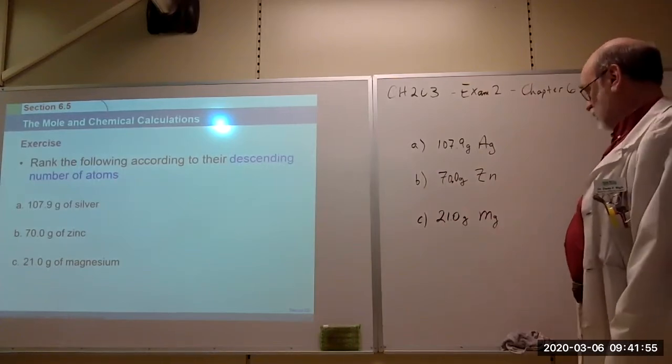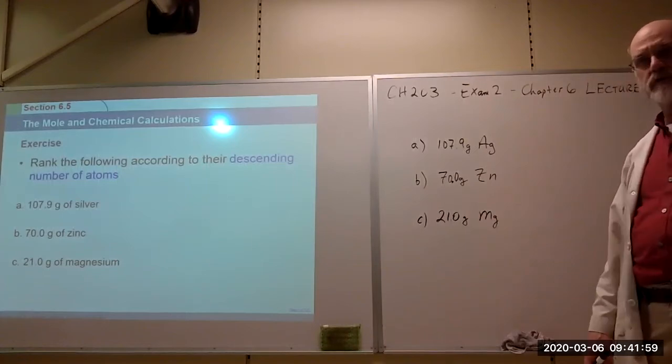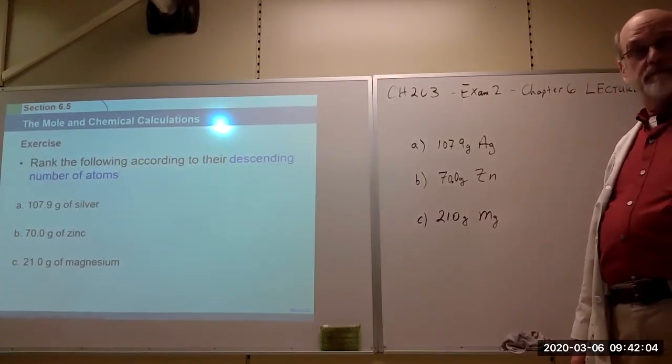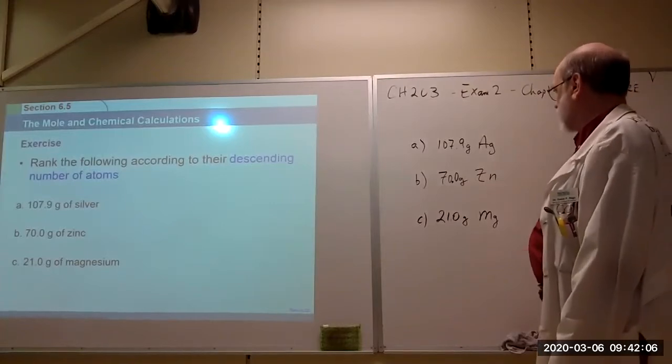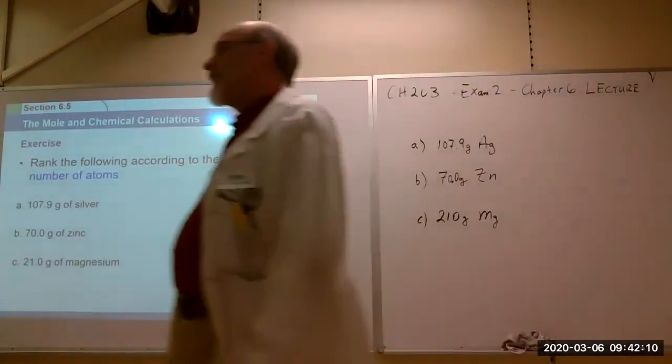So do we need to go to the trouble of converting these to number of moles or number of atoms? No. We can do it logically. 107.9 grams of silver is how many moles?